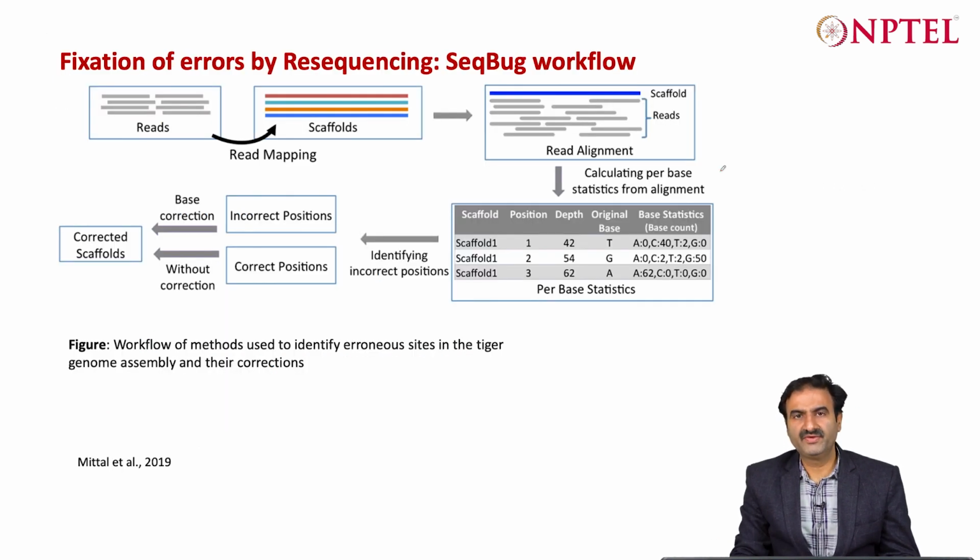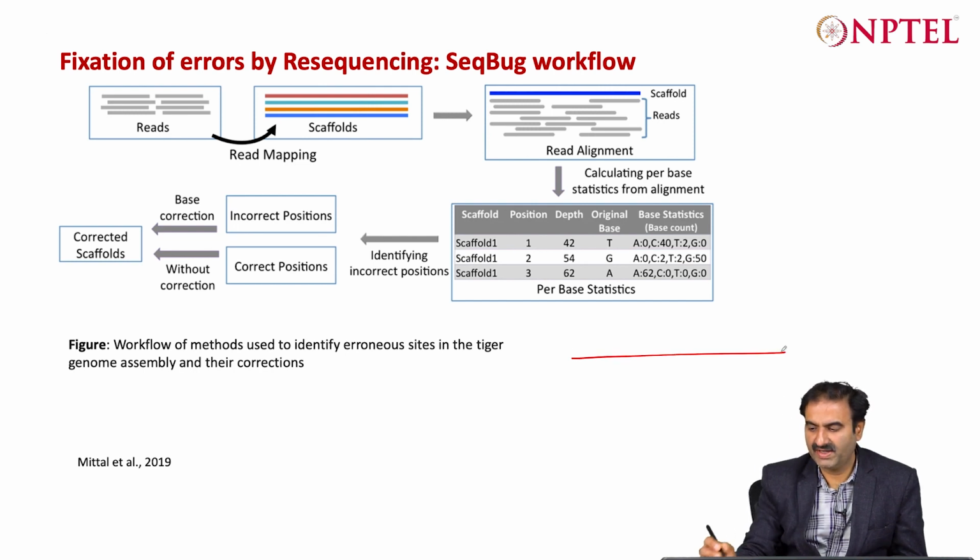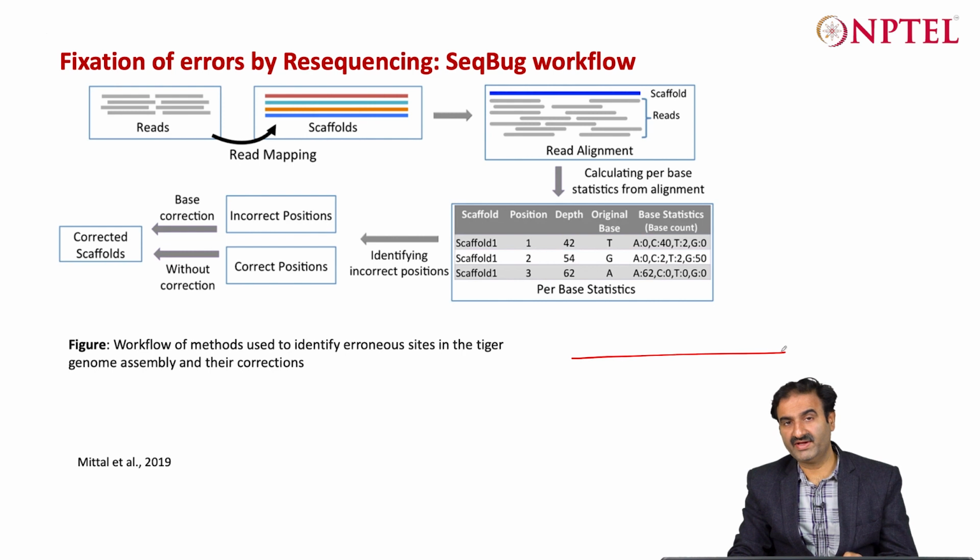Other approaches are also available, such as SeqBug, which was used to correct errors in the tiger genome. The idea is the same: an assembly already exists, but you think that assembly has errors because the genes you are getting from it have premature stop codons or truncated CDS.